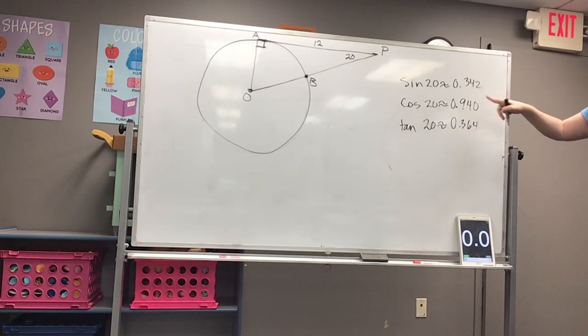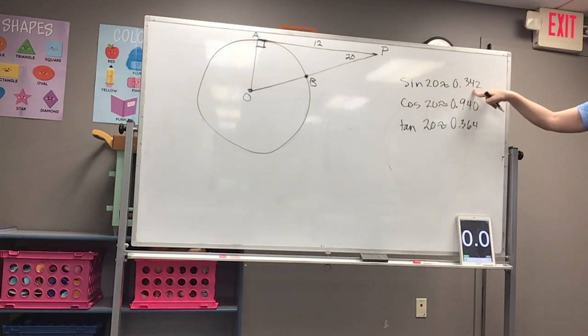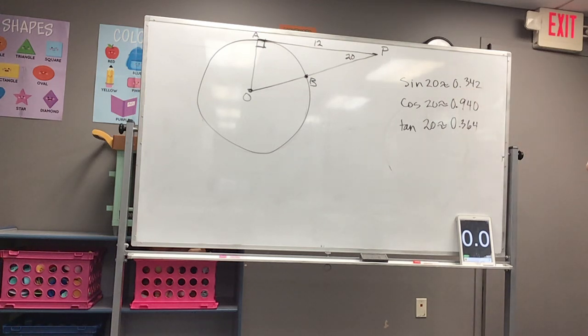The other one is that you can type sine 20 into your calculator really fast and see if you get that decimal. It's one of the fastest ways to check, is my calculator in the right mode? Your calculator should be in degree mode for the ACT. If it's in radians, it'll mess it up and just cause havoc. So especially when they give those numbers, it's really easy to check. Say, does my calculator agree?